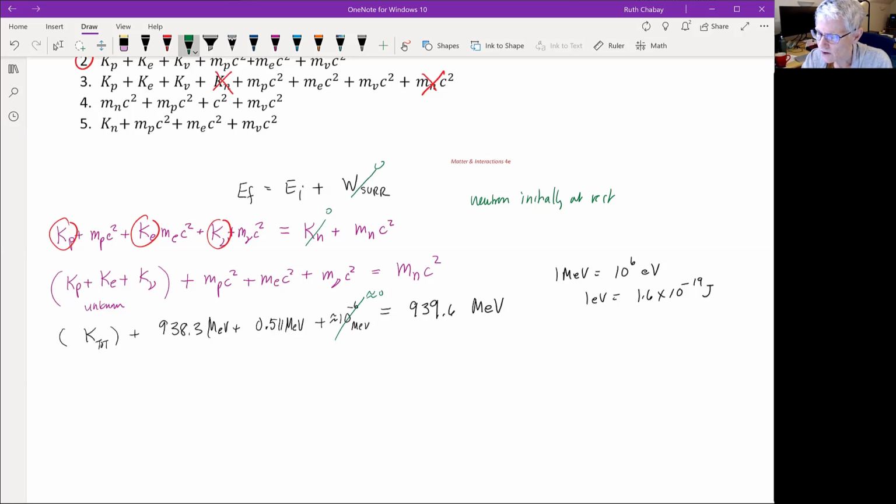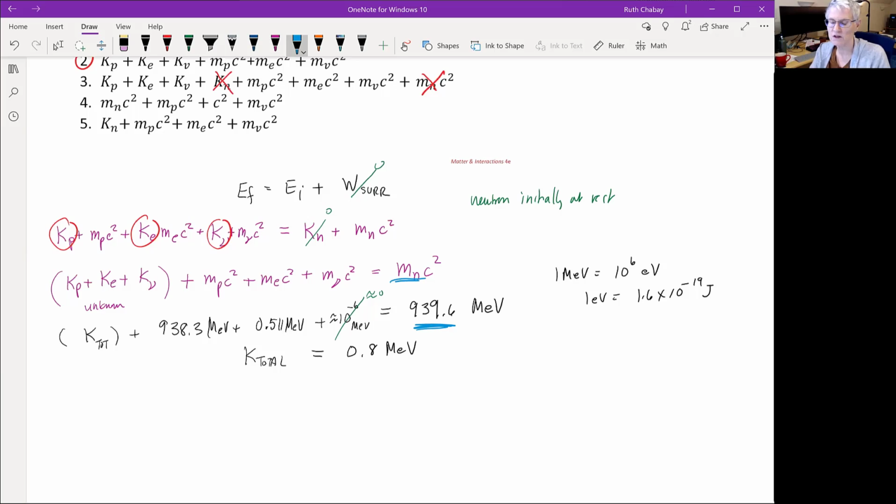And so it turns out that the total kinetic energy we solve for is going to be about 0.8 million electron volts. This was possible because the rest energy of the neutron was greater than the sum of the rest energies of the proton, the electron, and the neutrino.